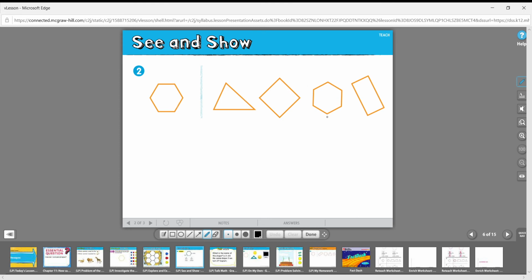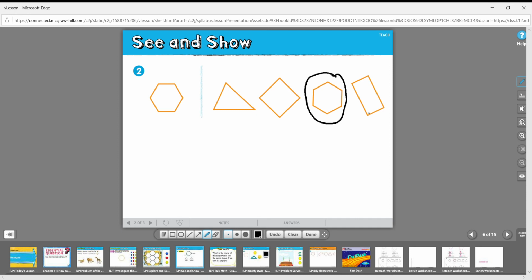What about this shape? Let's count the sides. 1, 2, 3, 4, 5, 6. Let's count the vertices. 1, 2, 3, 4, 5, 6. Is that the same shape? Yes, so we circle it. Is this the same shape? What shape is this?